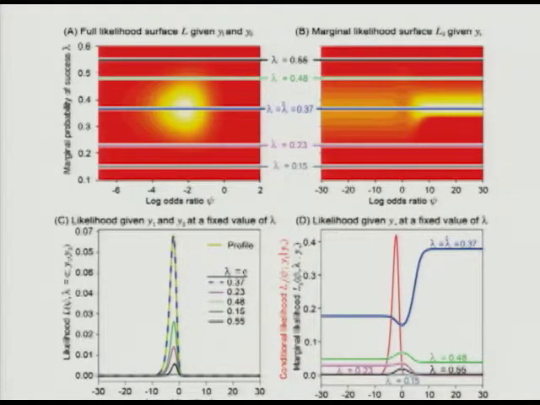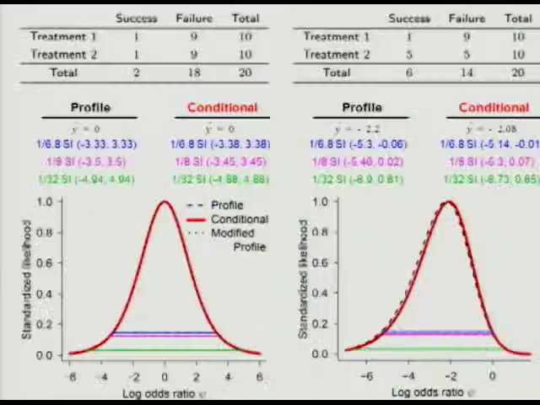However, by the time we get to this region, the conditional likelihood is in essence 0, and so that overwhelms this difference, and once again the difference between the conditional likelihood and the profile likelihood is extremely small.